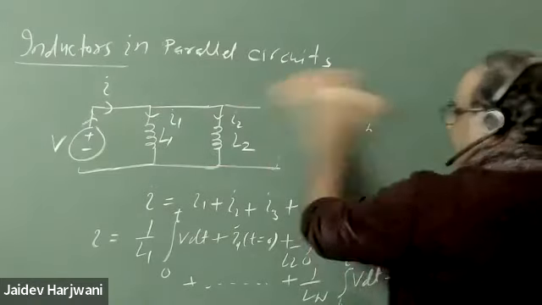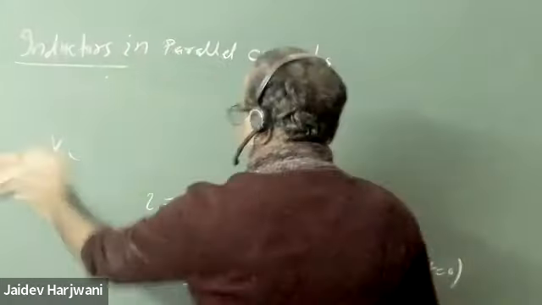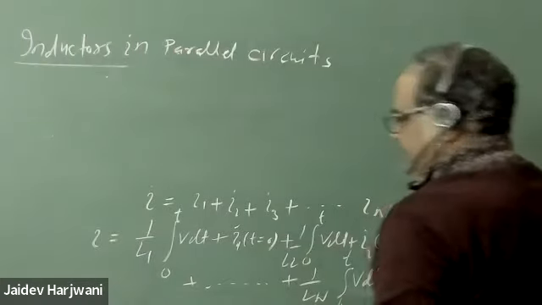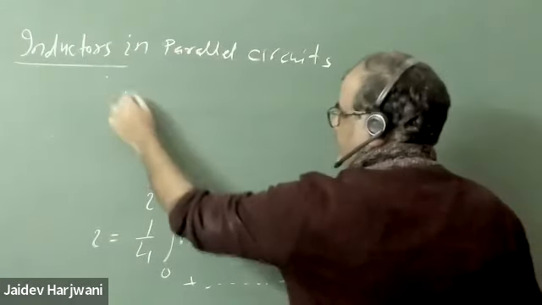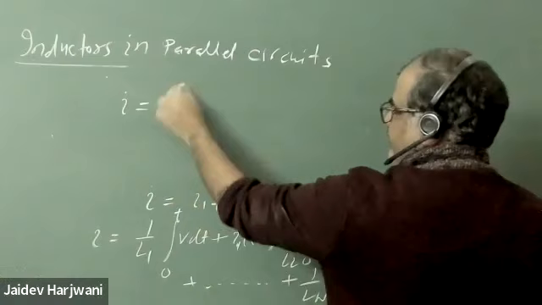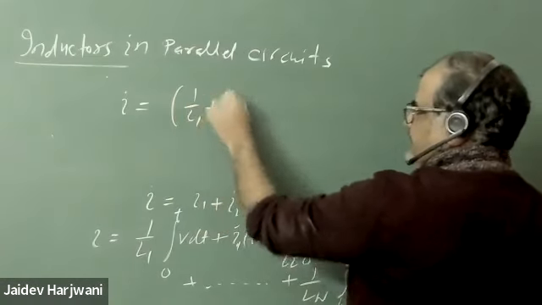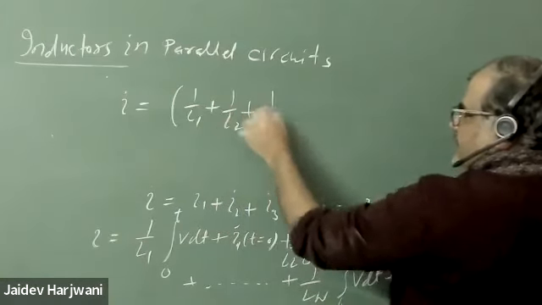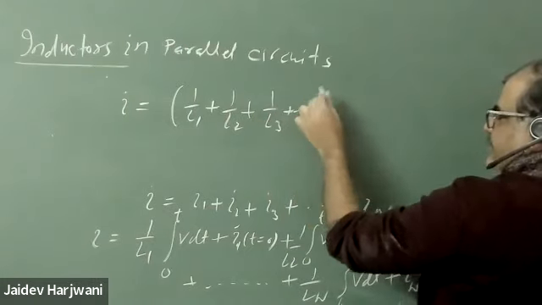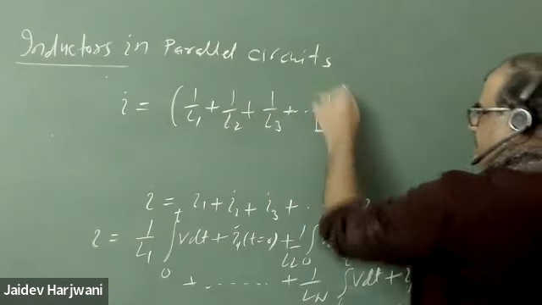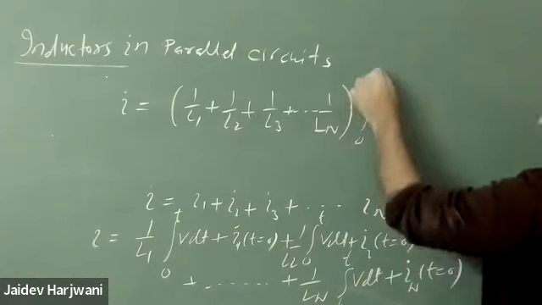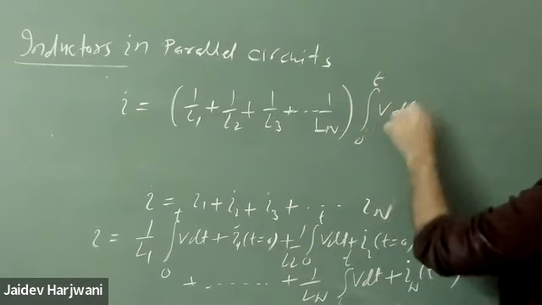Now let's simplify this one. I have this I, 1 upon L1 plus 1 upon L2 plus 1 upon L3 plus 1 upon Ln, integral from 0 to t of V dt.